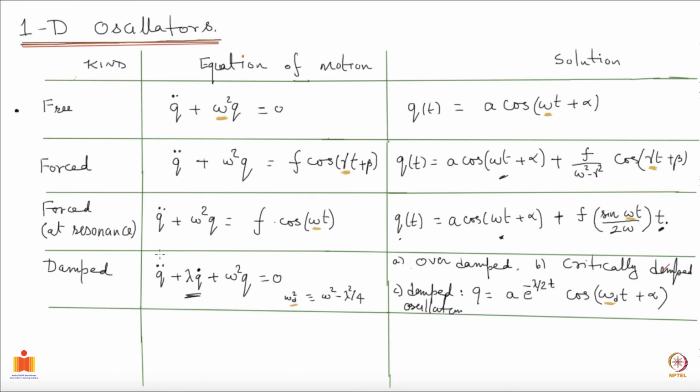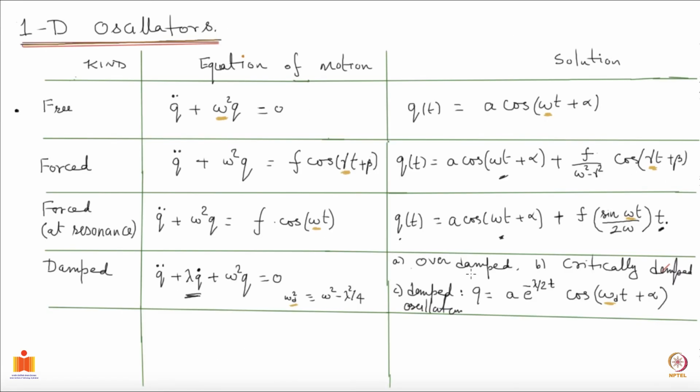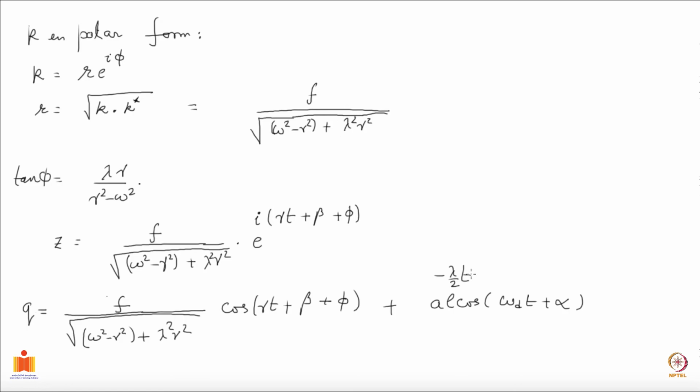So the damped case: a e to the minus lambda over 2 t cos of omega d t plus some phase alpha. Let's check. Correct. So that's what you will get, right?